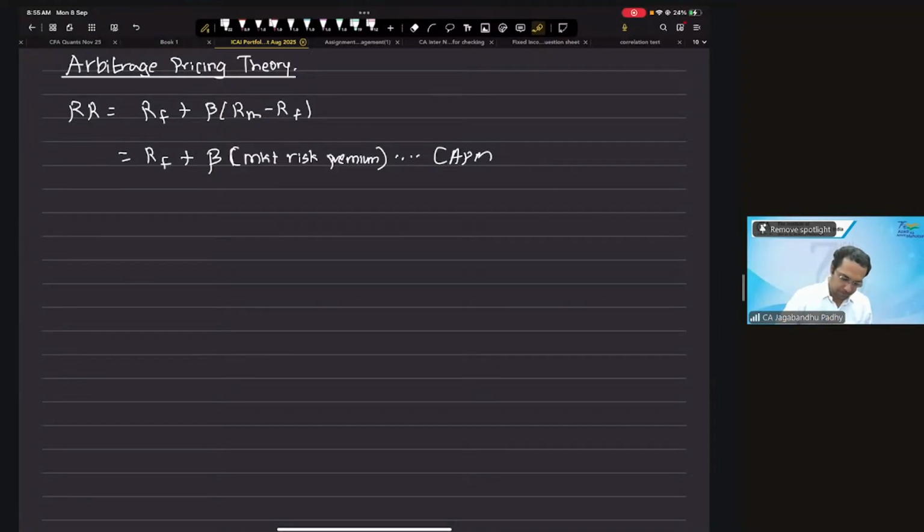For example, if USD changes from 85 to 89, do you think this macroeconomic change is going to have same impact on all companies? Is it going to have similar impact on all companies? Or is it going to be different for a company dealing in overseas trade and the company which is not dealing in overseas trade?